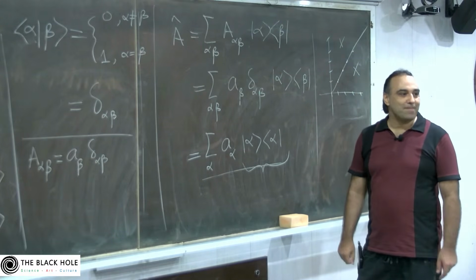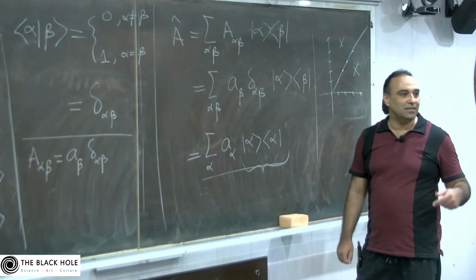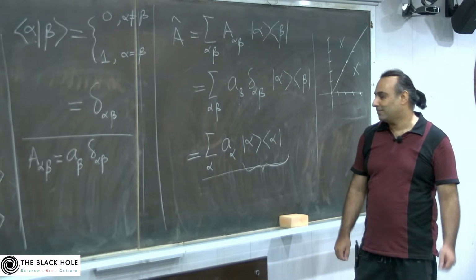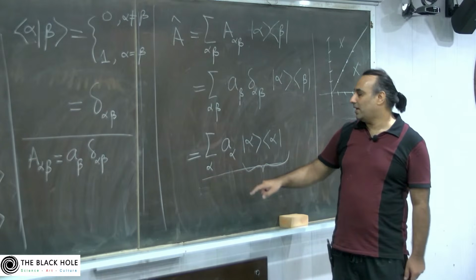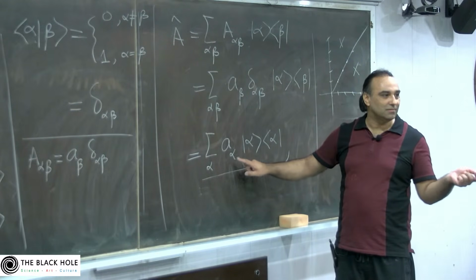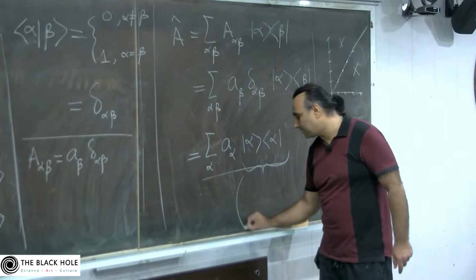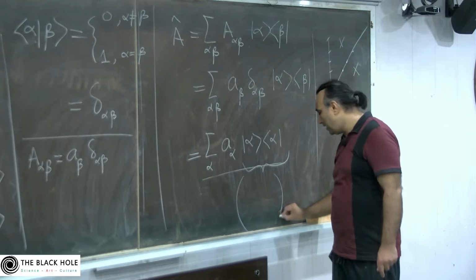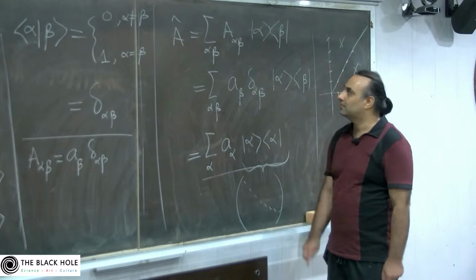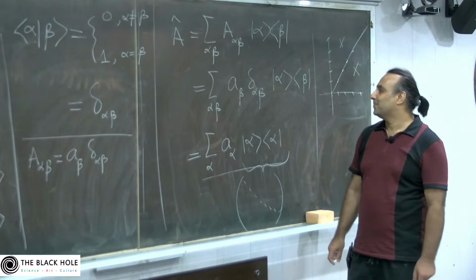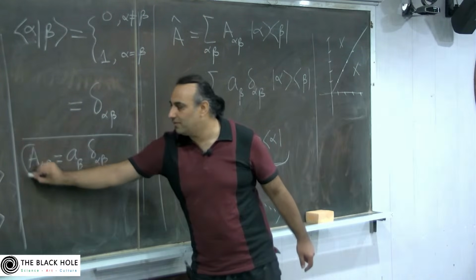And what does that mean in terms of a matrix? In terms of a matrix, now you see that there is only one index here. So instead of A and M, we only have A alpha, and this is alpha alpha. So in terms of matrix, we only have diagonal elements, okay. So that's already clear from here.